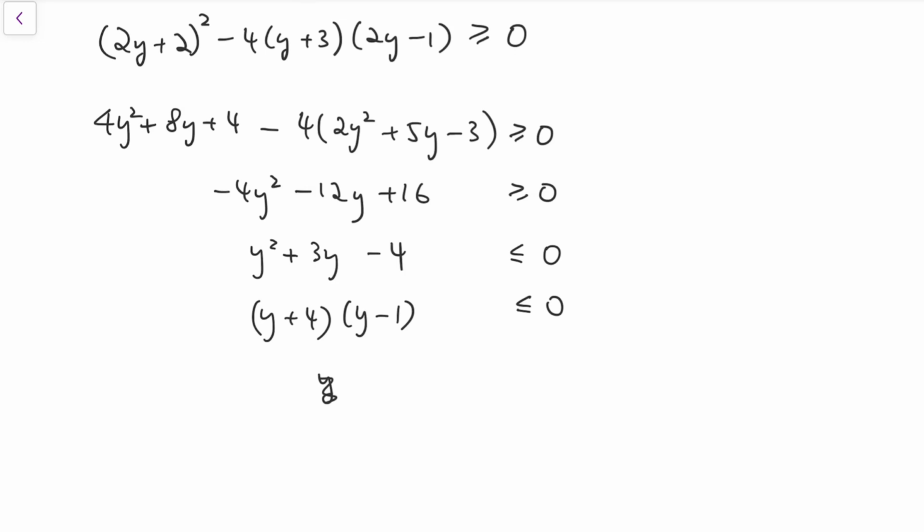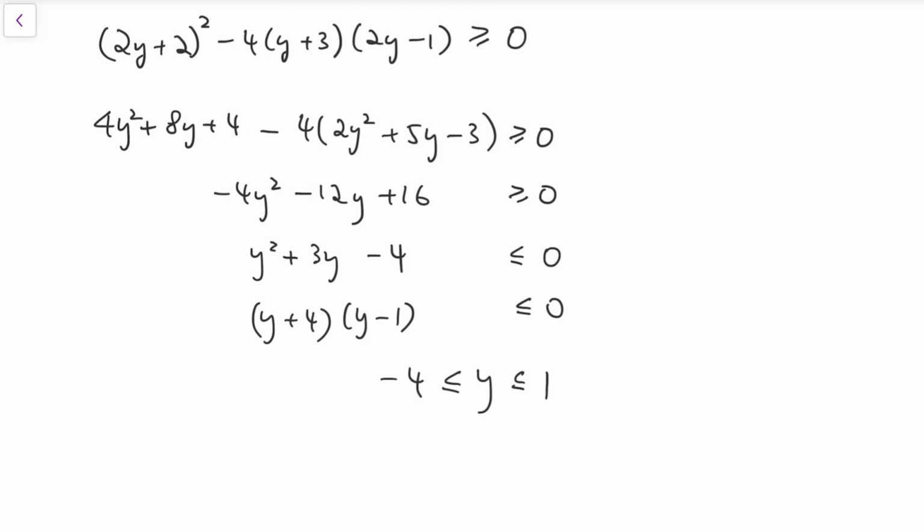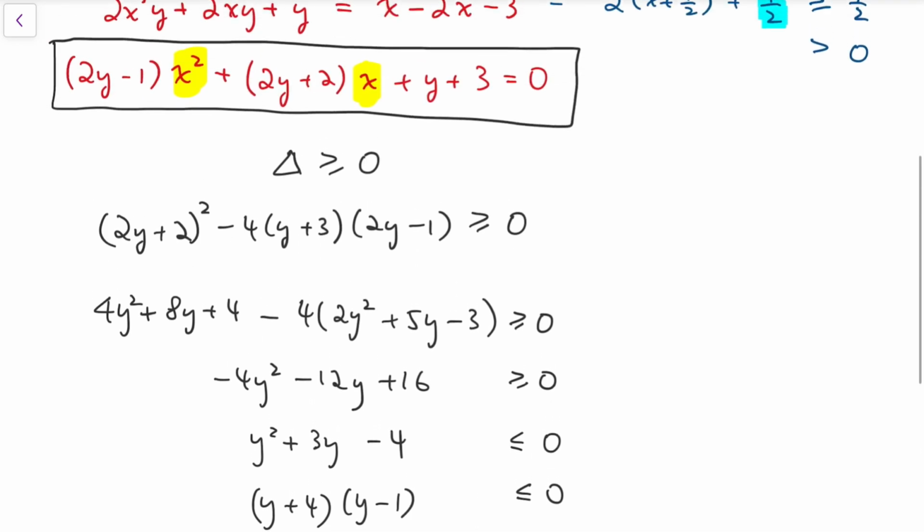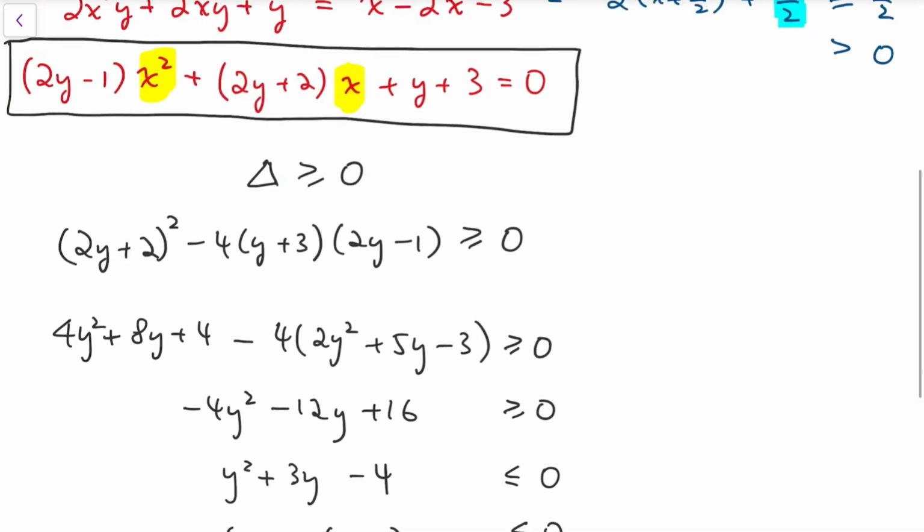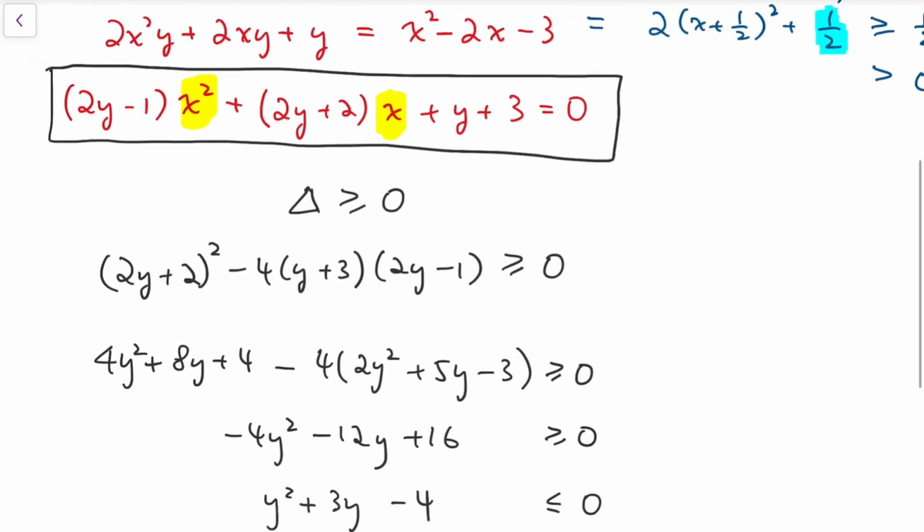From this we know that y must be between minus 4 and 1. So any value of y that is outside this range between minus 4 and 1, for example if y is minus 5, then the quadratic equation over here cannot give real solutions.